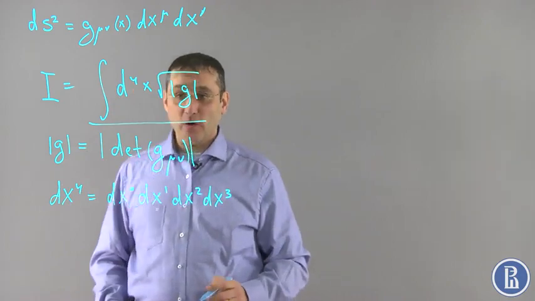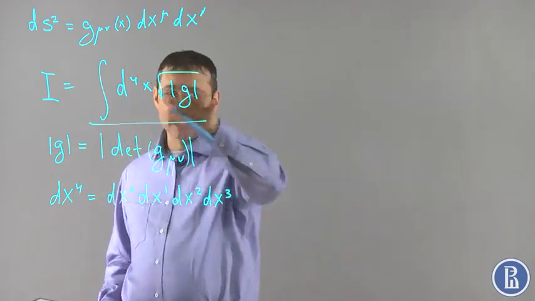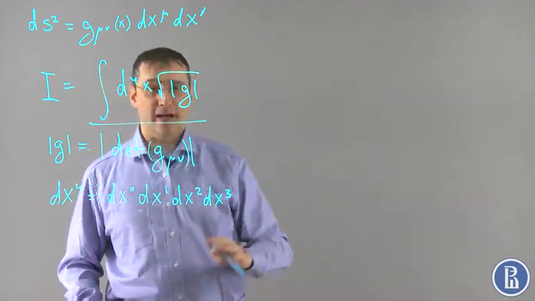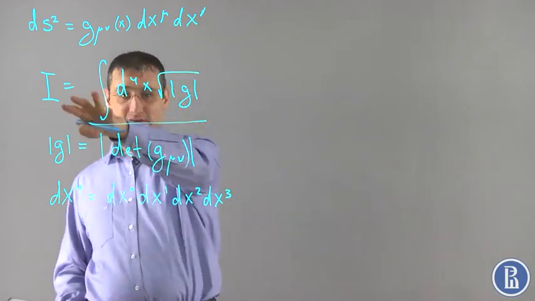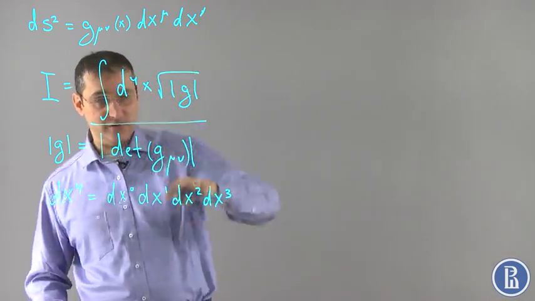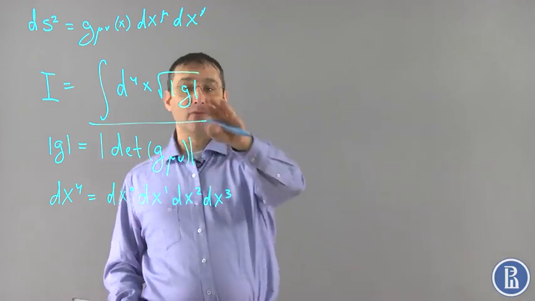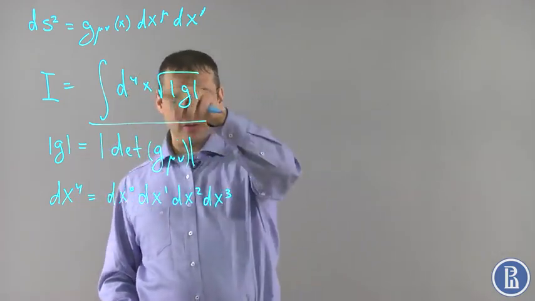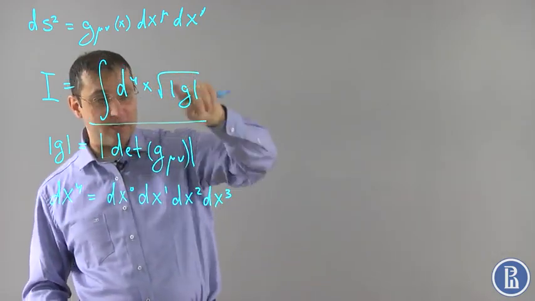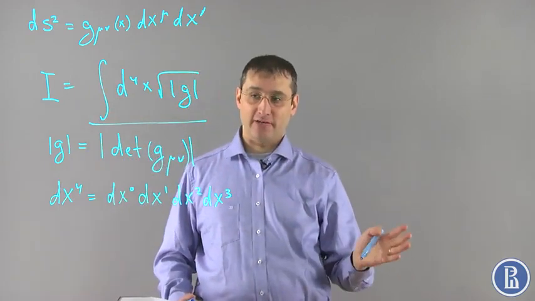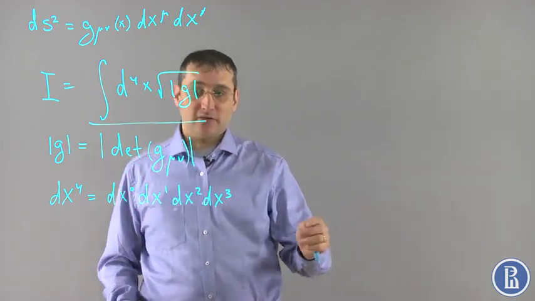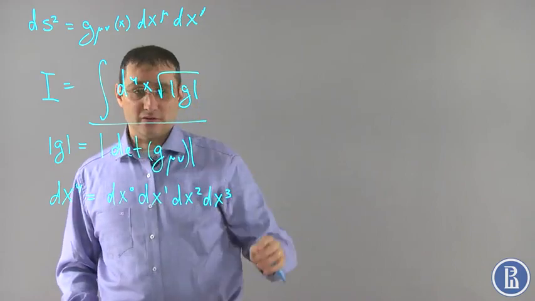The problem with this quantity is that if one varies it, applying the least action principle to an action proportional to this quantity, one will obtain an algebraic equation for the metric, because this quantity doesn't contain derivatives of the metric. As a result, we don't expect to get anything but algebraic equations.